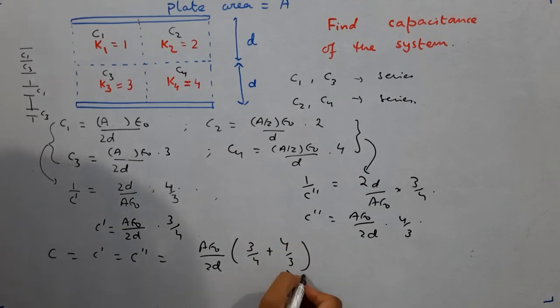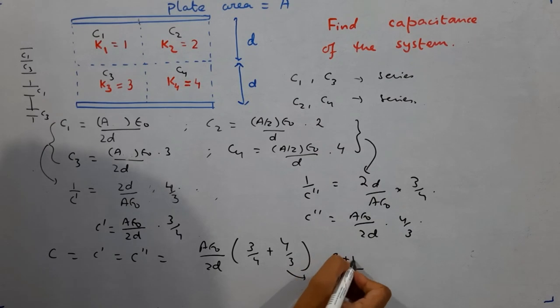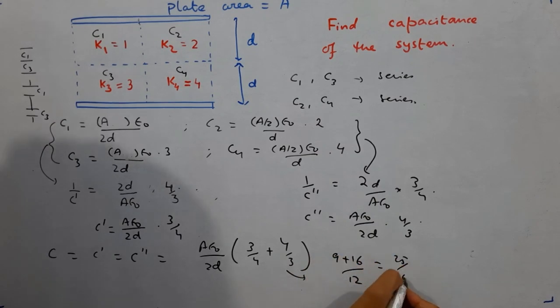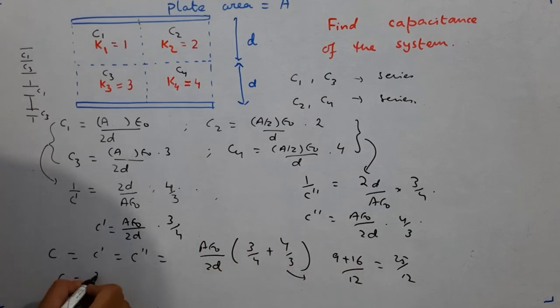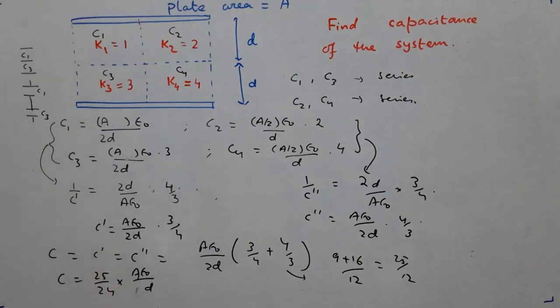Now 4 and 3 LCM will be 12. Then we have 9 plus 16, that is 25 by 12. So C becomes 25 upon 12 into A epsilon naught upon 2d. 12 times 2 becomes 24. So this is the answer to this particular question: 25 by 24 times A epsilon naught upon d. Okay.